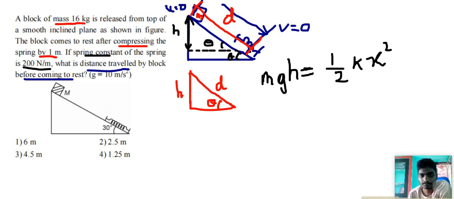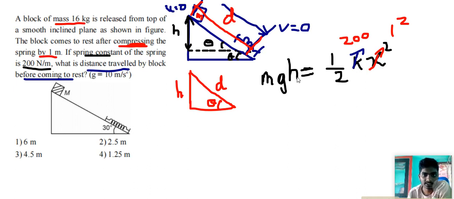So the spring constant k is 200, and the compression of the spring is 1 meter, so x square is 1 square.